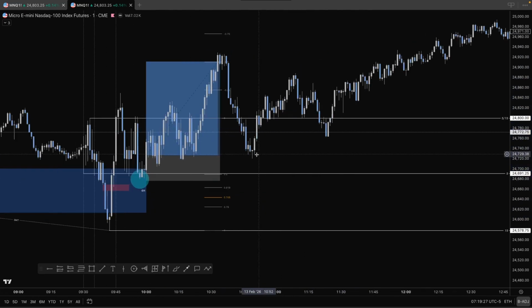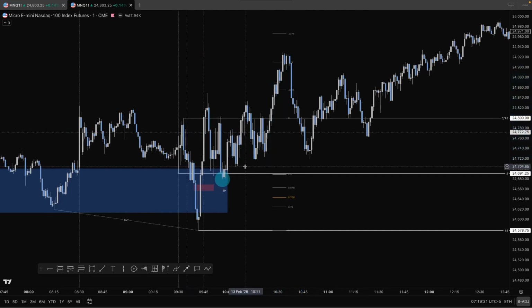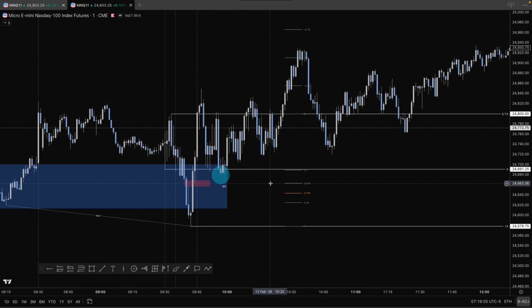So you get it. I often take mostly two trades, either a re-entry or, if I see, okay, we swept these highs, we respect the gap, I want a short right here, maybe I would have put my break even right here.